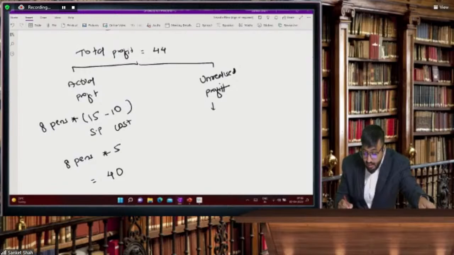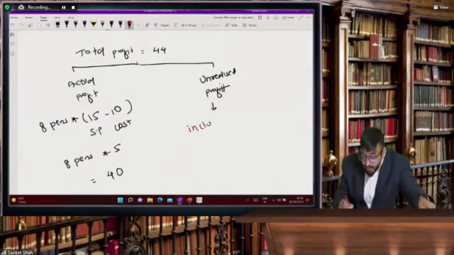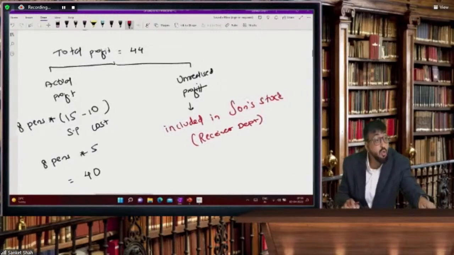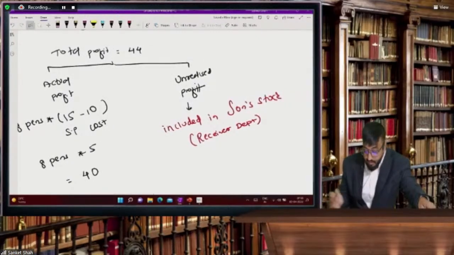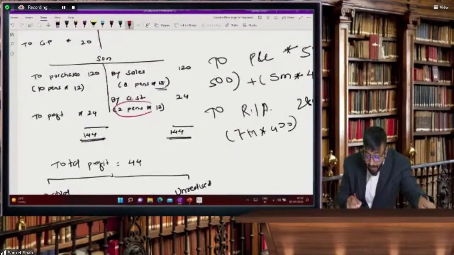And unrealized profit. See, now the important point is, by red pen, included in whose stock? Son's stock. That is the receiver department. Receiver department always includes loading. And how much? 2 pens. But what is the cost, beta? Not 12. Cost is 10.